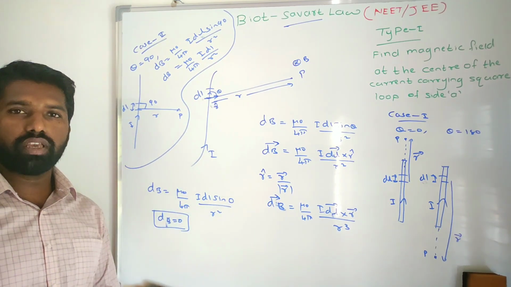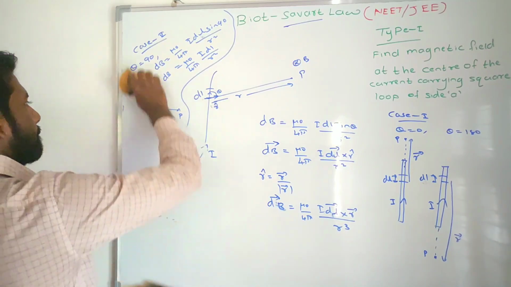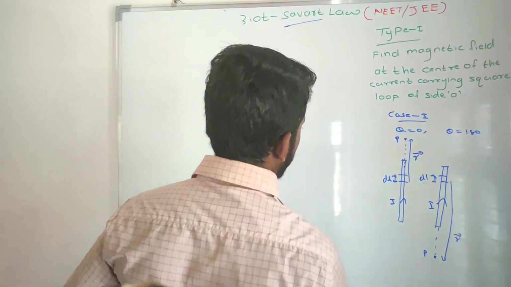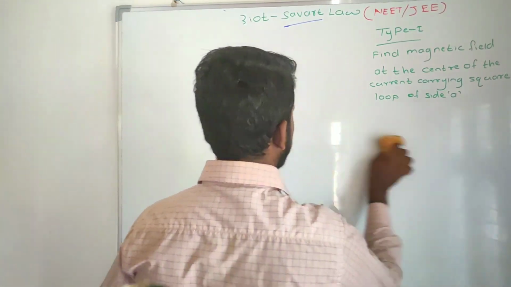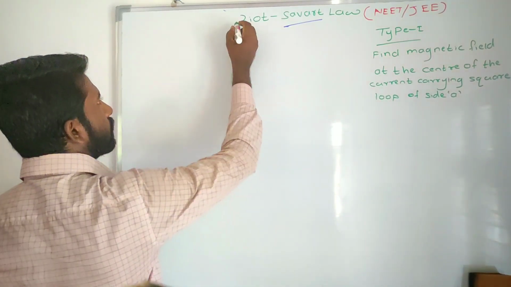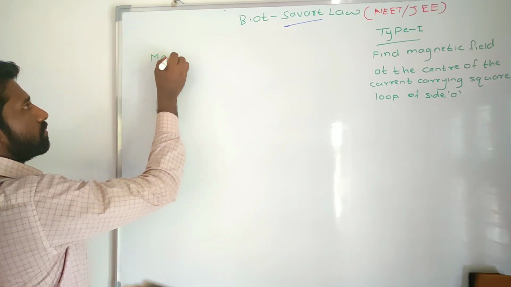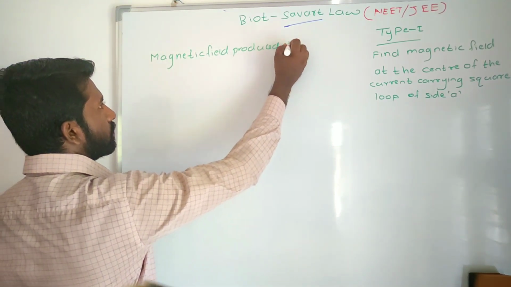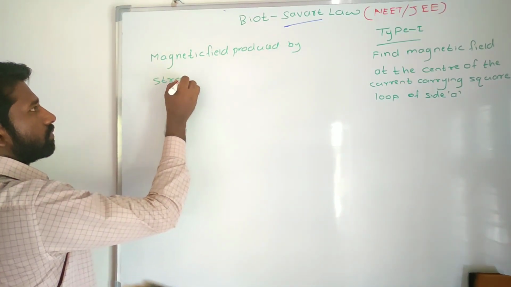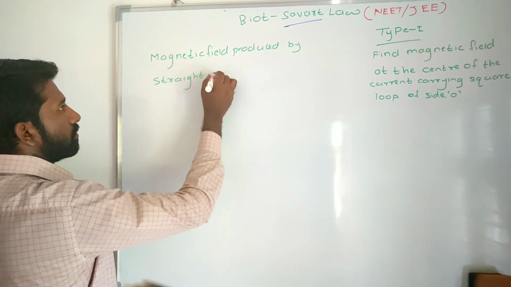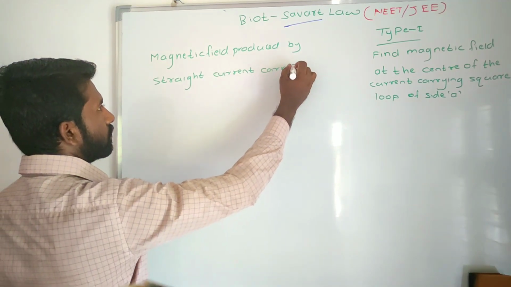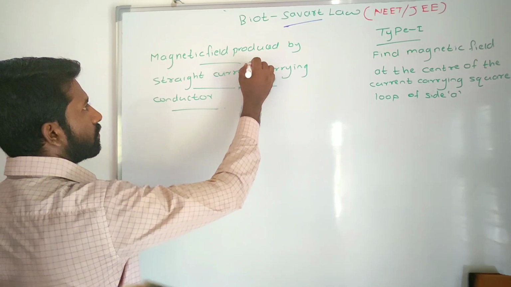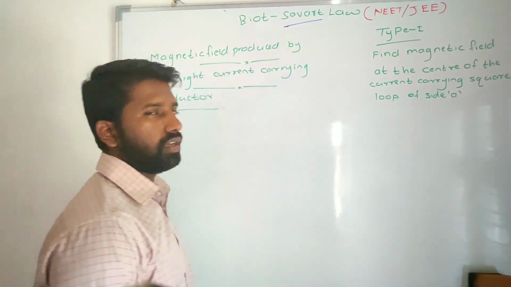Now we will see the magnetic field produced by a straight current carrying conductor.